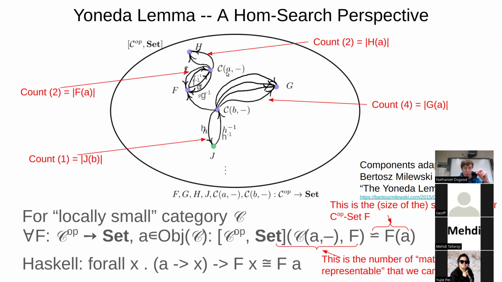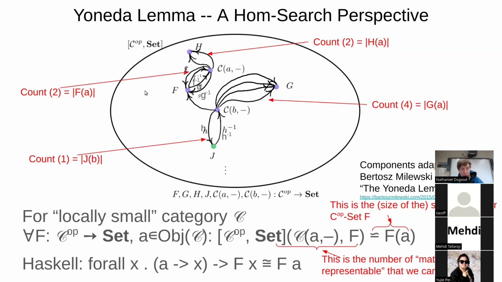This is a representable for A, right? And I'm telling you, if we consider a functor F, in which we want to find A's, the number of places we find it, the number of homomorphisms from this presheaf to this one, the number of morphisms, is in one-to-one correspondence with the number of occurrences in here.